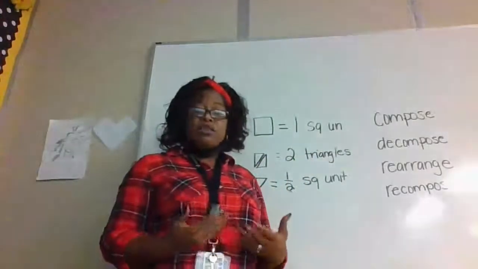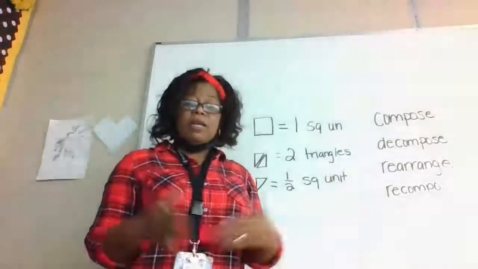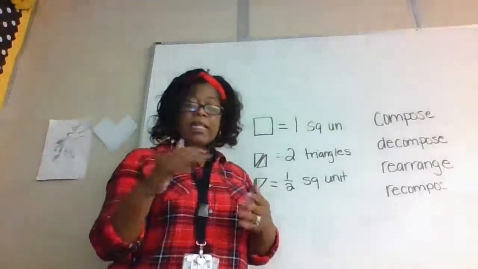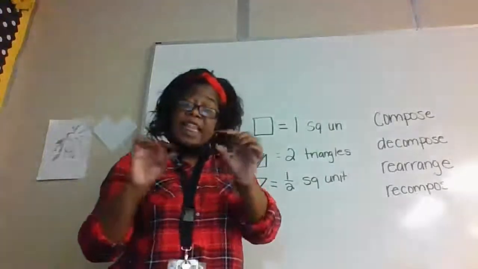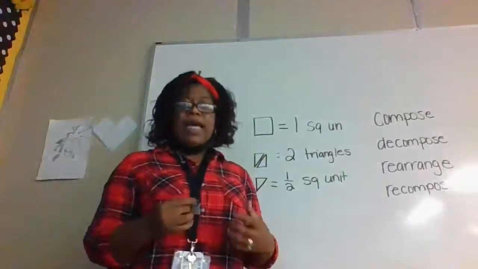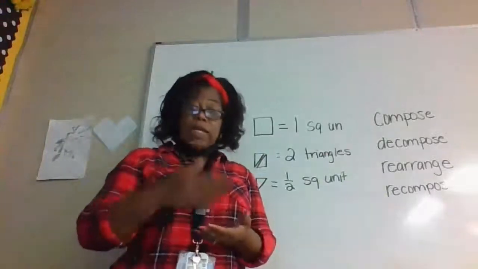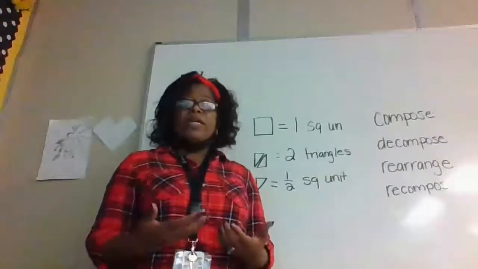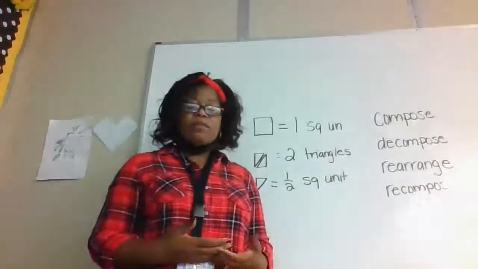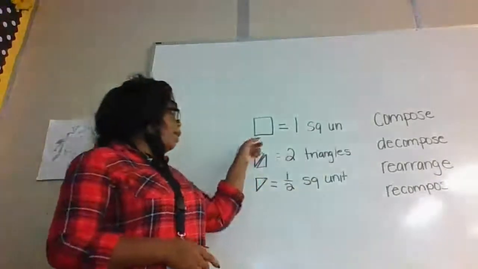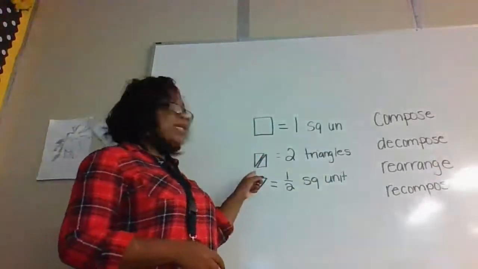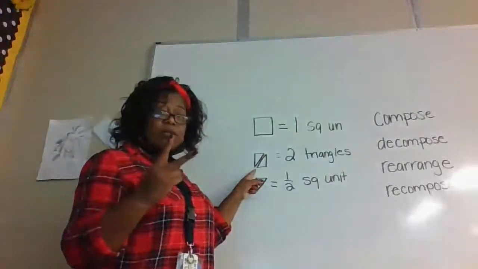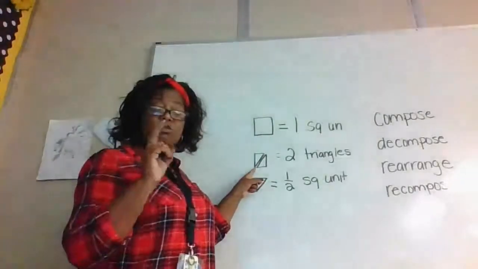Typically, when we are trying to find the area of something, there's the shape drawn, and then there's a bunch of squares in the middle of the shape. That is to allow us to count each square unit to figure out what our area is. Now, if I take this square and I cut it in half, I get two rectangles, I mean, not rectangles, I'm sorry, two triangles.